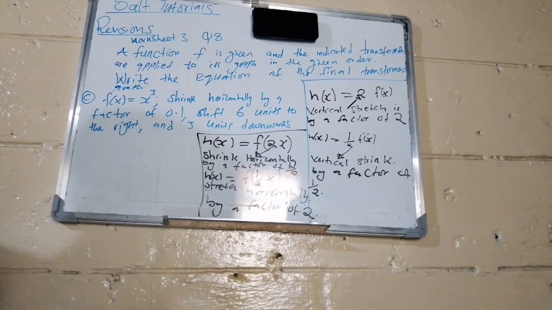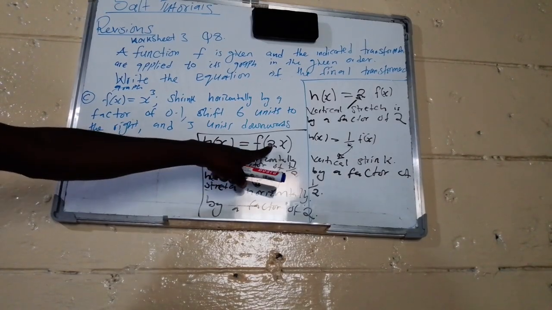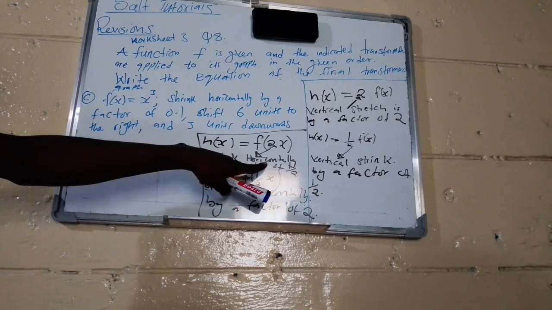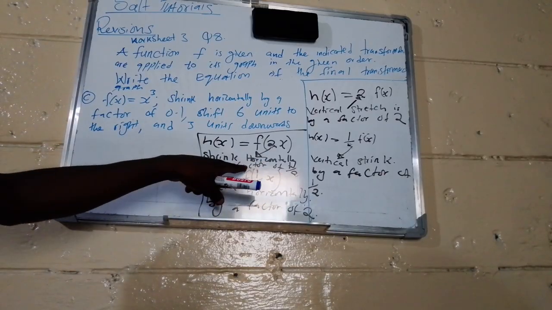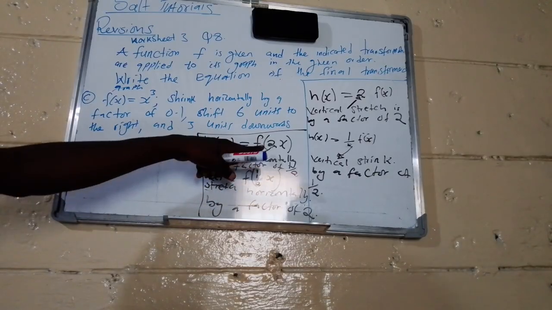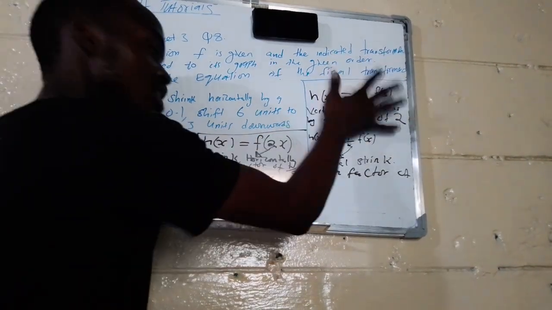So now I was simply saying in the horizontal, things are a little bit opposite. If it is a whole number, it is a shrink. If it is a fraction, it is a stretch. But the factor of that shrinking is the reciprocal of that constant. But in the vertical, it follows whatsoever you have.